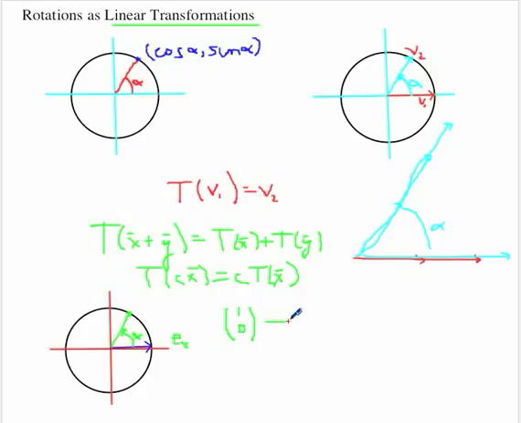So this vector got transformed to the vector cosine alpha, sine alpha. Another way to write that would be T of my unit vector is equal to this guy.